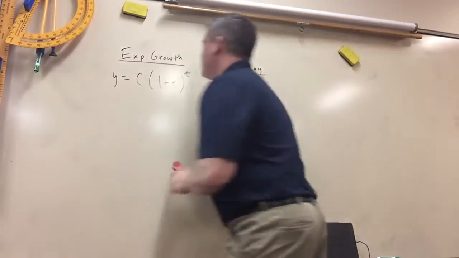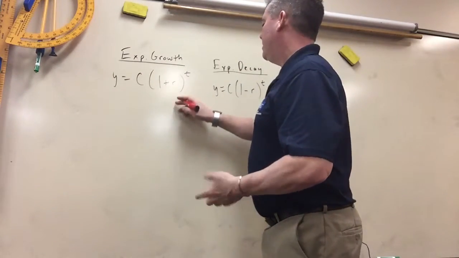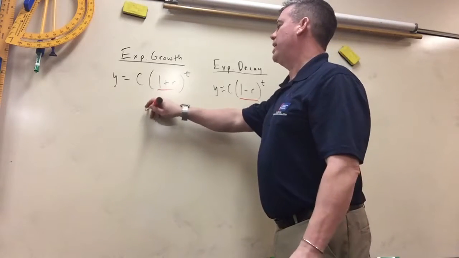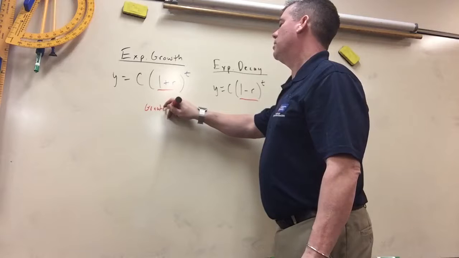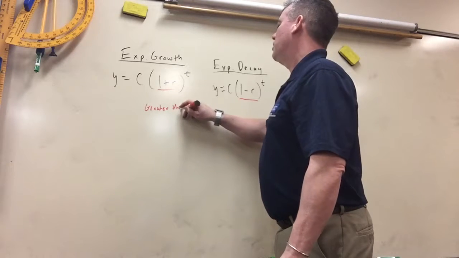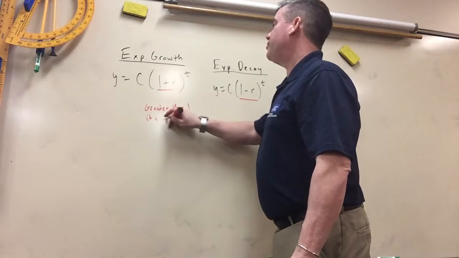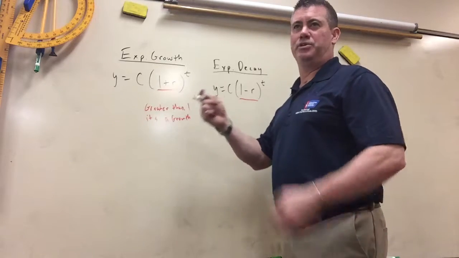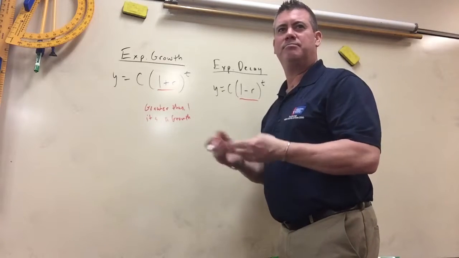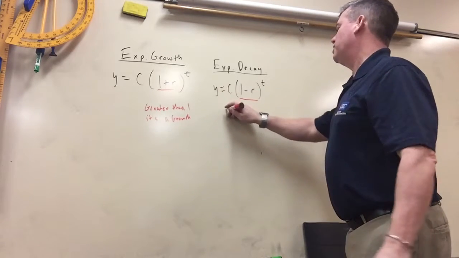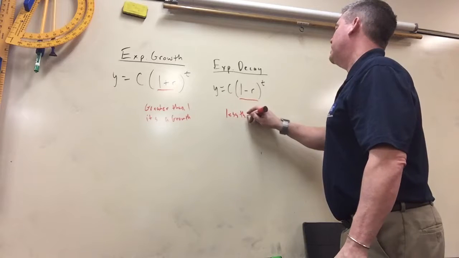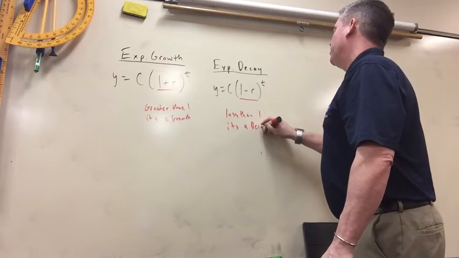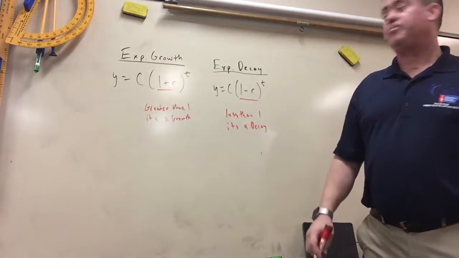So if the number in the parentheses is greater than 1, it's a growth. Some of our problems today, you'll be given a formula and you just have to identify whether it's a growth or a decay. If it's less than 1, it's a decay. So that's all you look for.